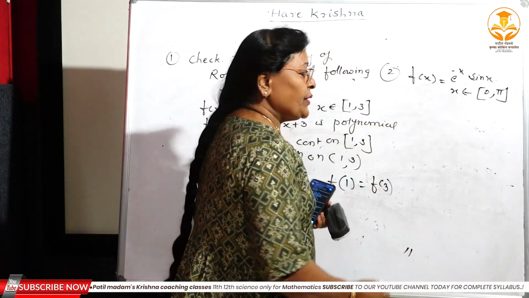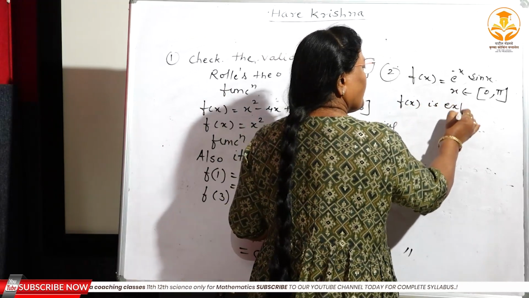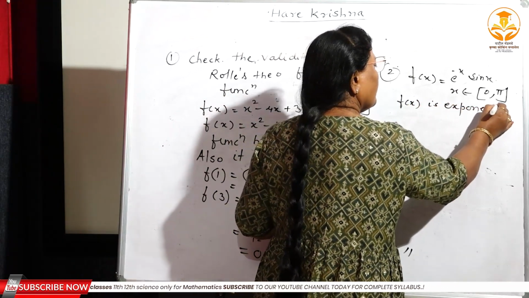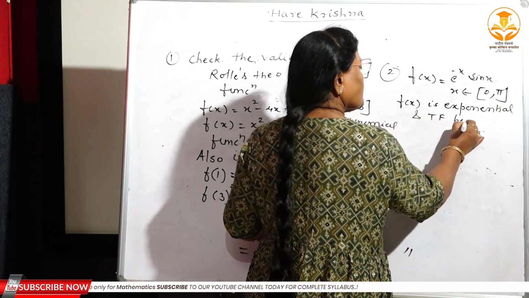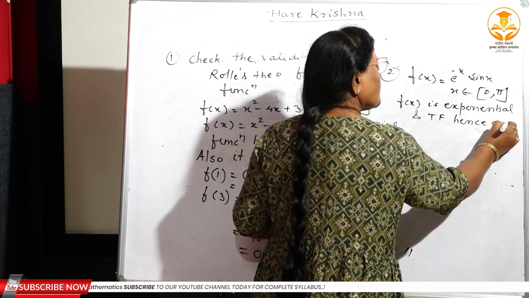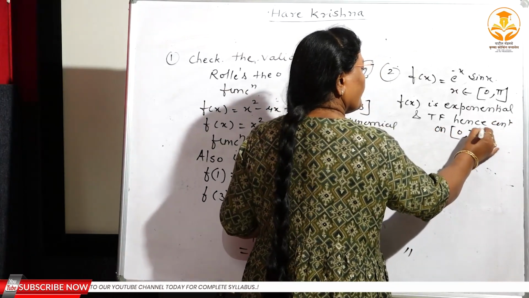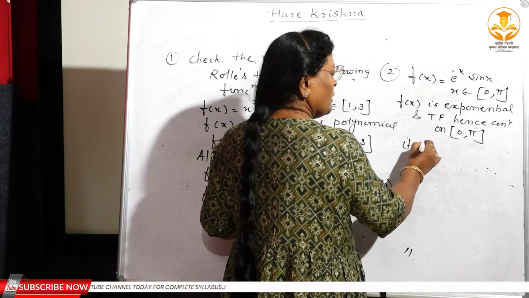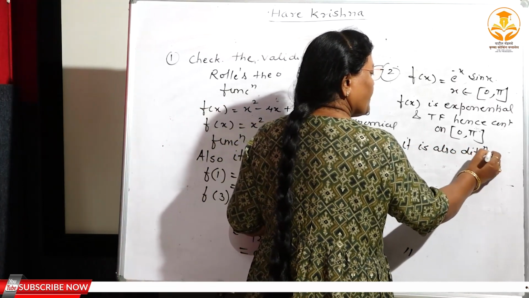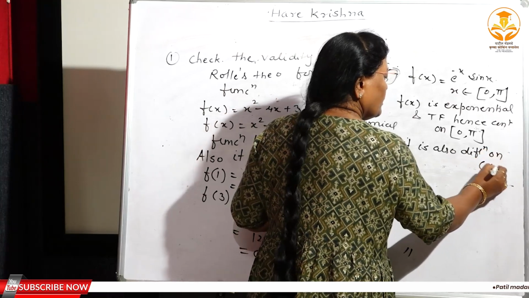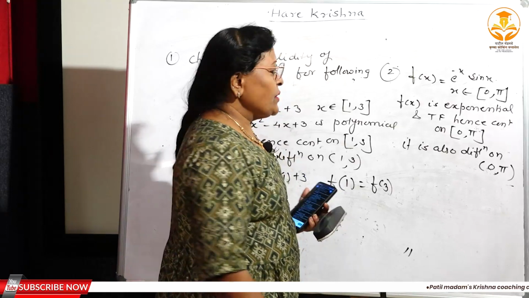Now if you observe this, f of x is an exponential and trigonometric function, hence continuous on the closed interval [0, pi]. It is also differentiable on the open interval (0, pi).